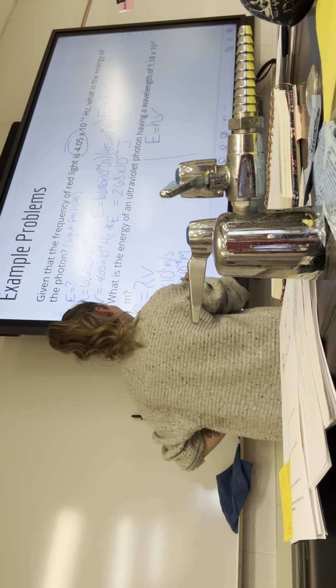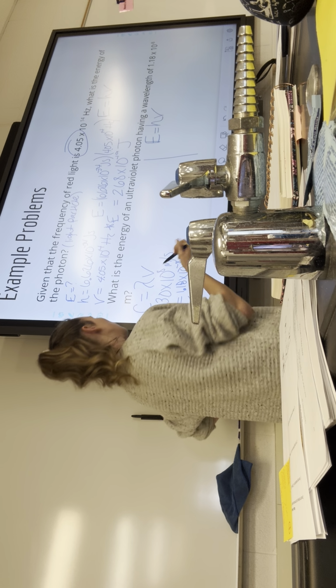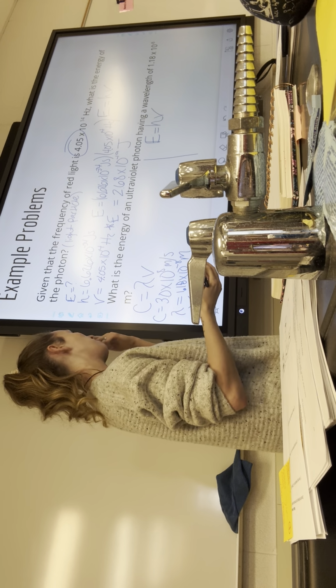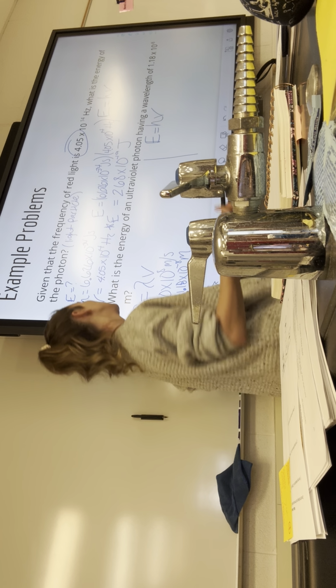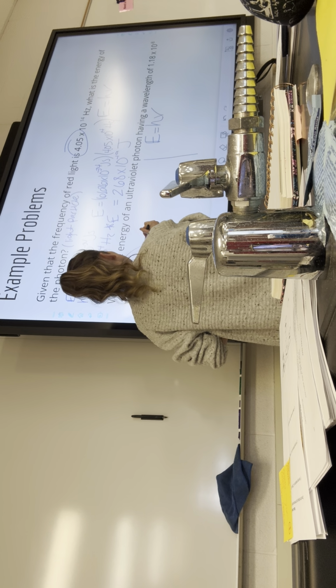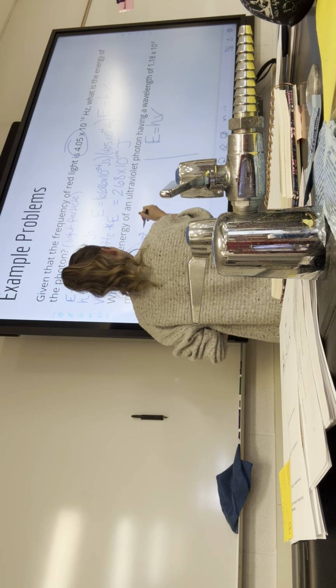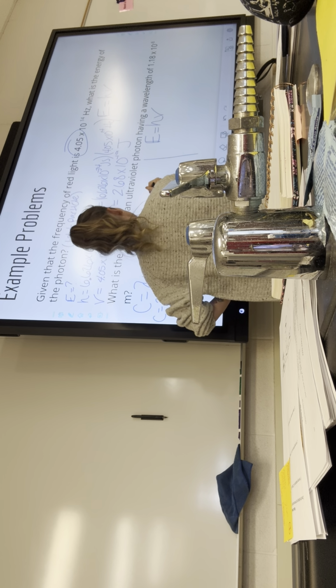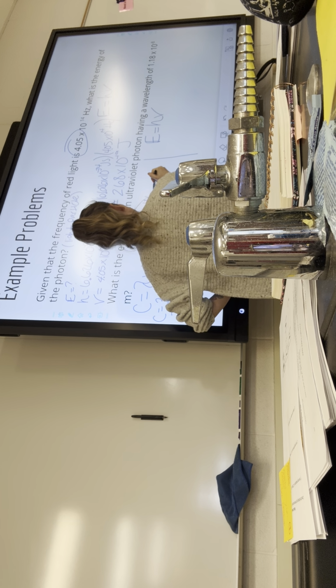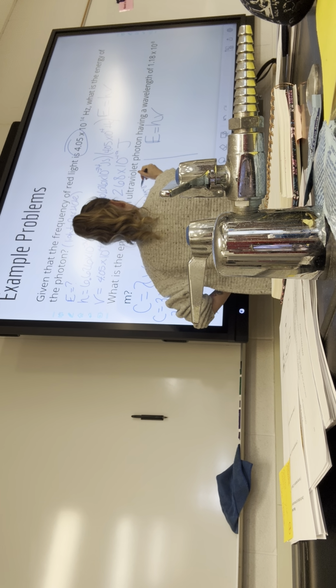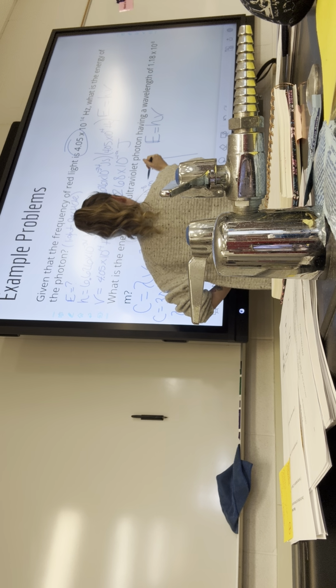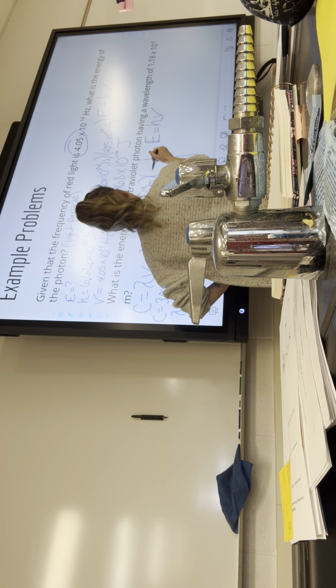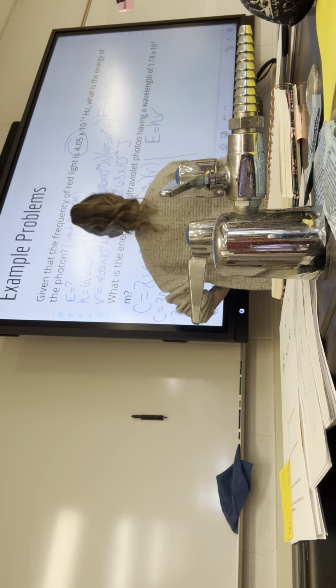Sorry, I'm running out of space here. We're solving for frequency. So if I plug everything in, speed of light equal to our wavelength times our frequency, which we do not know.